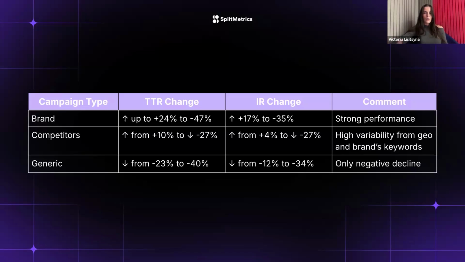So we also saw big differences between non-branded campaigns, between the competitor campaigns and the generic campaigns, and the results depended on how familiar users were with our brand. Here we saw a clear pattern: the less users know your brand, the more they expect the page to answer their problem, not show your brand identity.